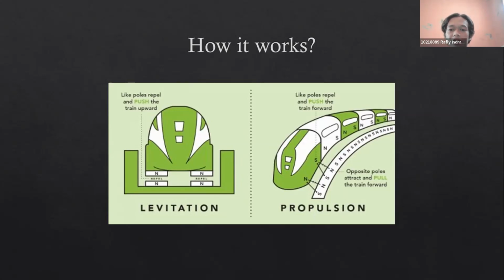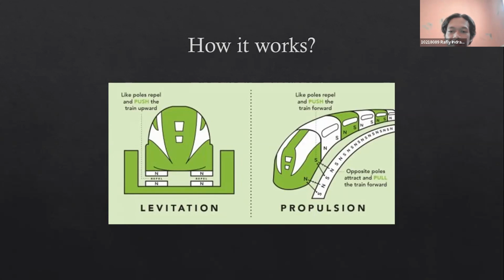And what is the power to make this train move forward? It is the north and south poles on the side of the train.